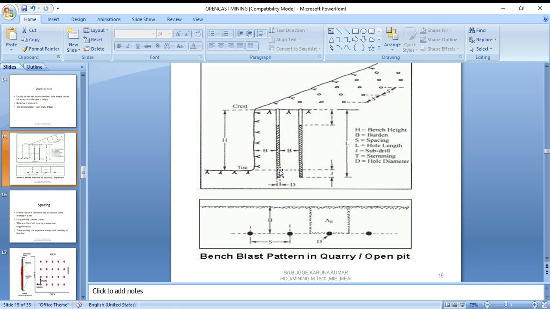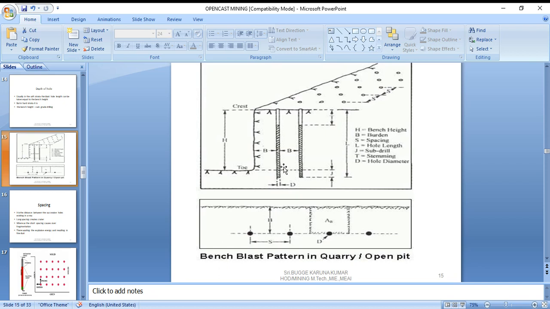But due to the next bench formation in future, without any overbreak or toe formation, otherwise removing the toe is very difficult. In such conditions, this is a subgrade you have to maintain.